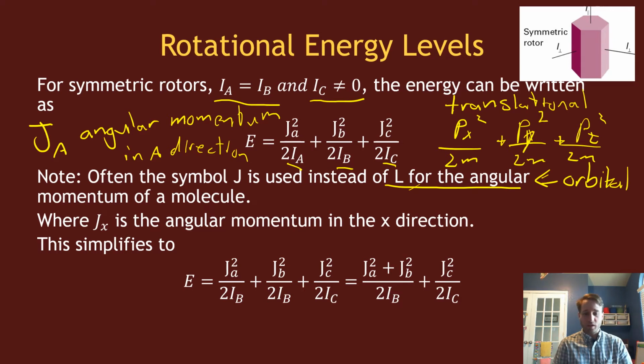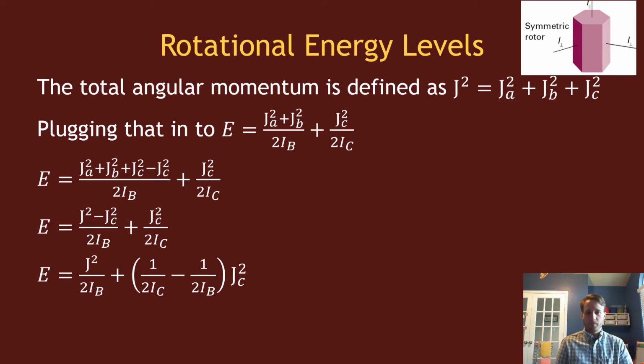So now, using the fact that we're talking about a symmetric rotor, I can simplify this expression to this here, as the expression for the energy of a symmetric rotor that's rotating in space based off of its angular momentum in the A, B, and C directions. I'm going to use the fact that my total angular momentum is just the sum: J squared is JA squared plus JB squared plus JC squared.